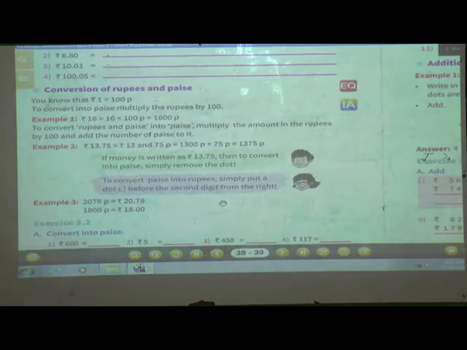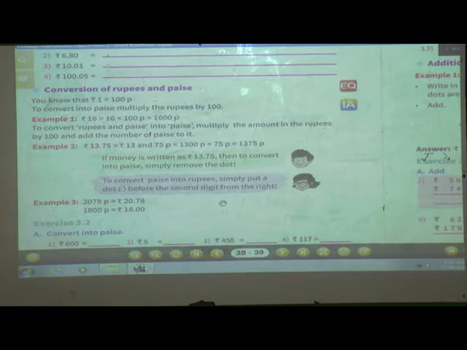1600 paise. So one thing you have to keep in mind: if you have to convert rupees into paise, just multiply the rupees by 100.